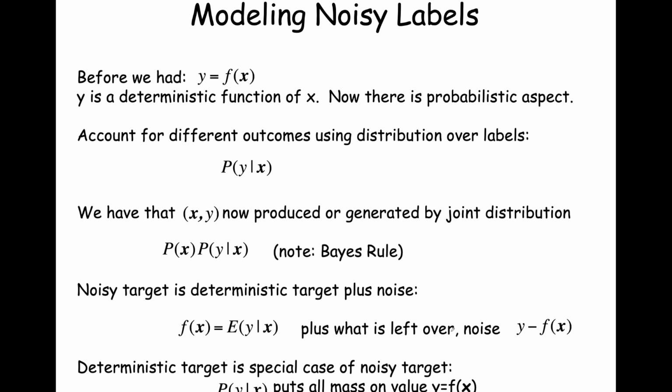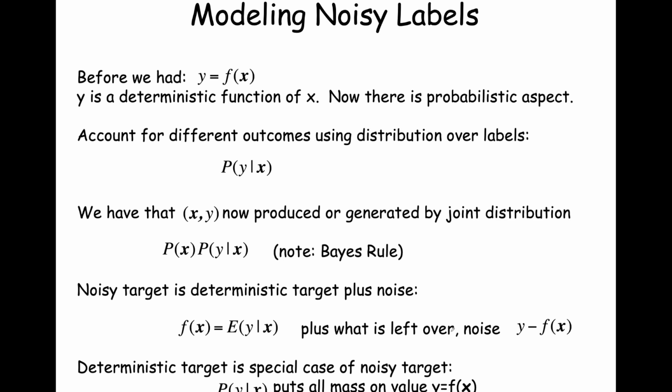So before, when we talked about our unknown target function or ground truth target function, we presented it as a closed form function f of x. Now, in this case, our y value is a so-called deterministic function of x. If the same x can be both a +1 label, a good credit risk, and a -1 label, a bad credit risk, now we introduce a probabilistic aspect.